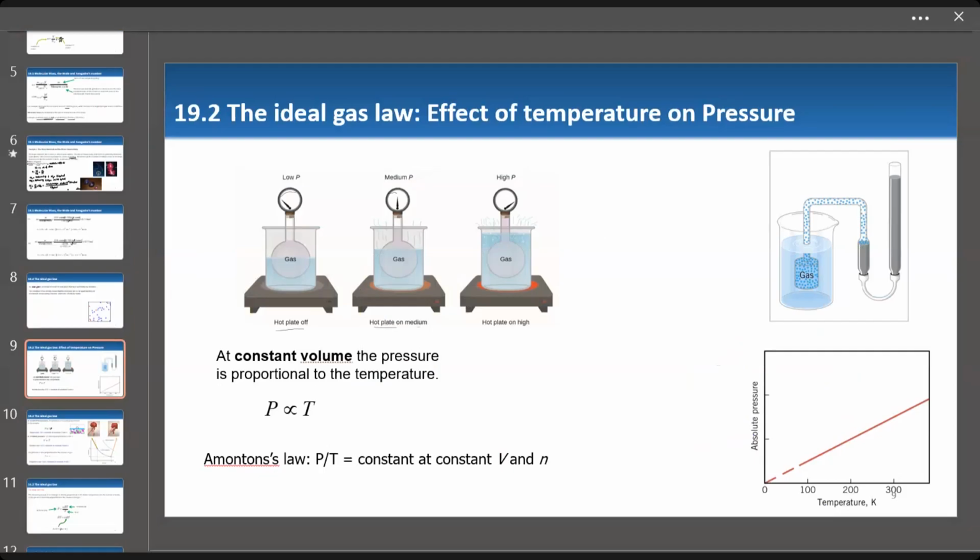When you increase the temperature, the atoms gain some energy. And the result is that they will move faster. And if they move faster, they collide more with the container.